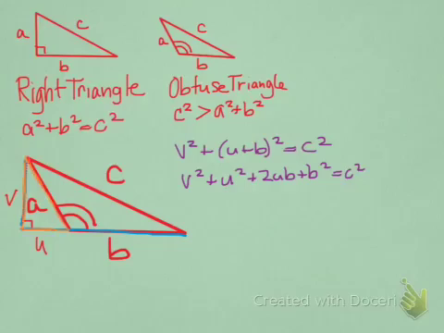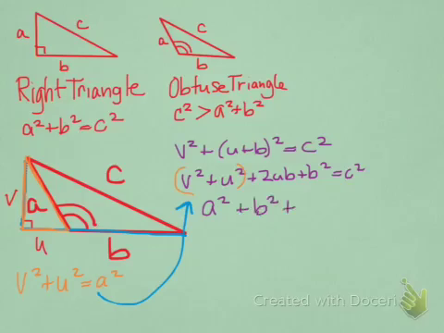Now, I'm going to look at this orange triangle here, and I can make a note that it's a right triangle, so I know that V squared plus U squared is equal to A squared. So I can take that information, bring it up here, and say that V squared plus U squared is equal to A squared. So I am left with A squared plus B squared plus 2UB is equal to C squared.